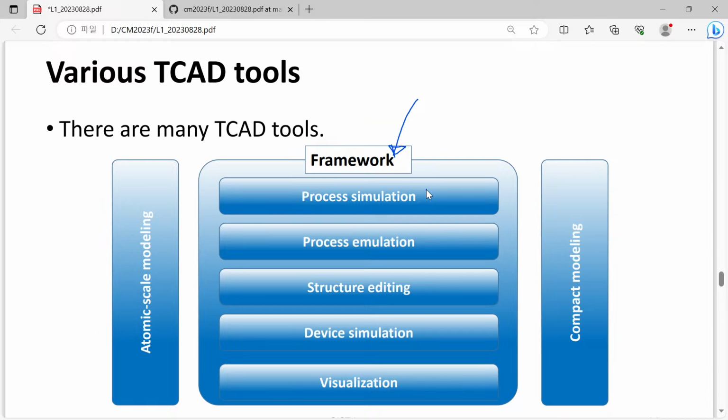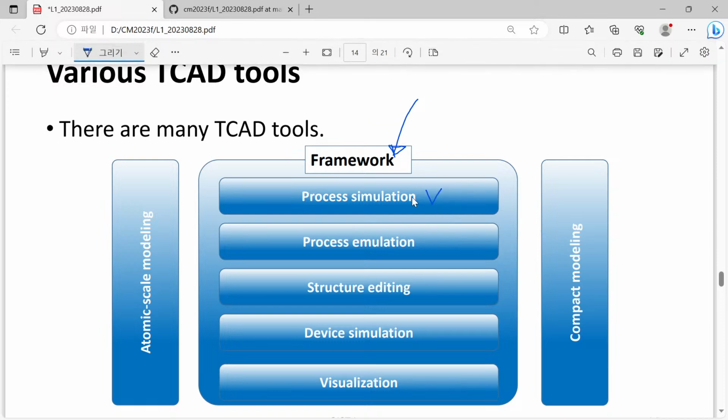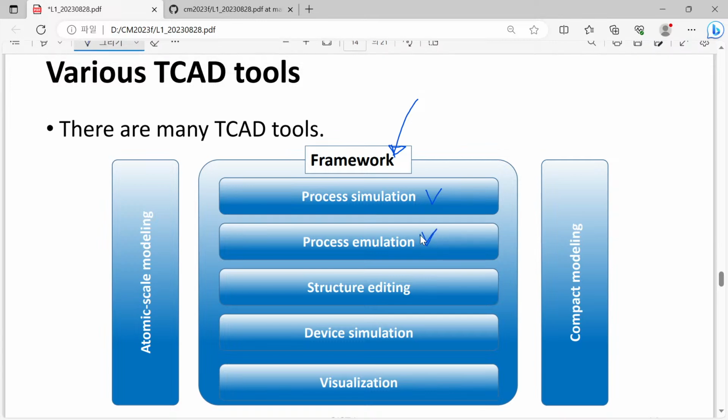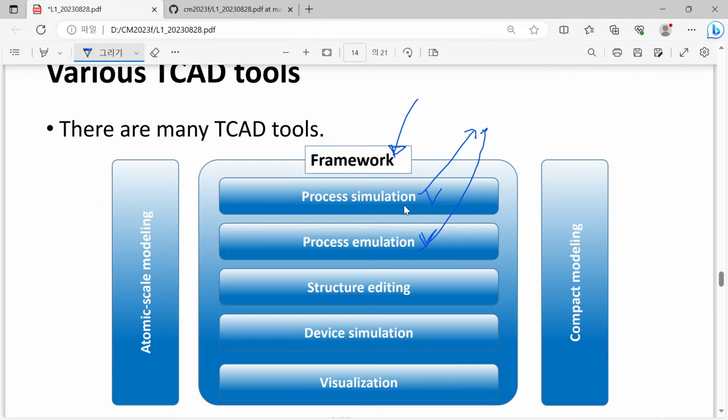It provides a process simulator. Using this process simulator, you can simulate the fabrication process, and here you have a little bit different, similar one, a process emulator.